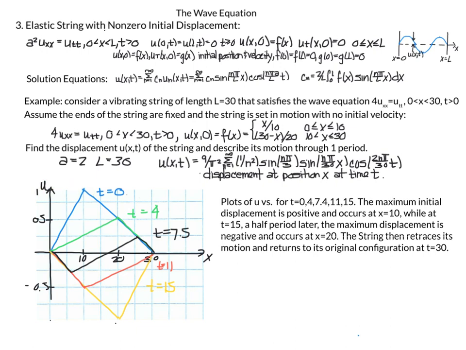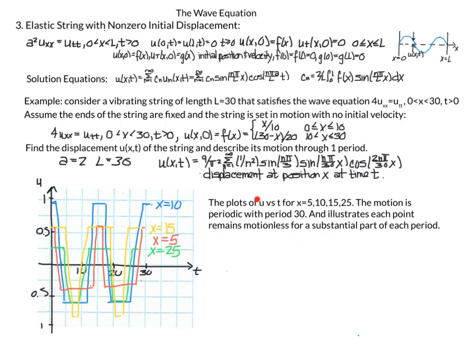And then when we let go, you can see what happens to the shape of the string as t goes to 4, and as t goes to 7.5, t equals 11. At t equals 15, that's when you get this maximum displacement in the negative direction. By the time you get to t equals 30, you come back to its original configuration, t equals 0, because the period is equal to 30.